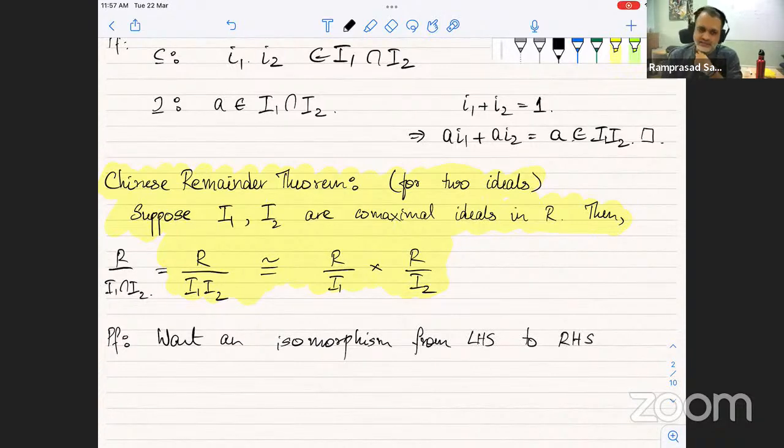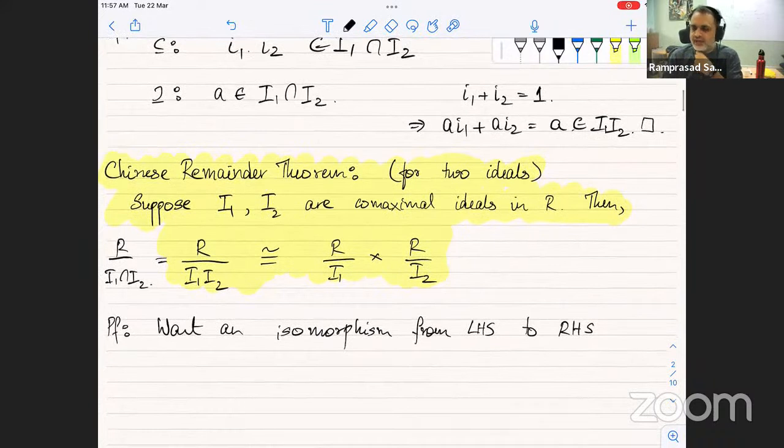I don't know how many of you have seen problem set 2, but whenever you encounter situations of this sort, where you're trying to construct an isomorphism that looks like R quotient something being isomorphic to something else, the thing to use is what is called the first isomorphism theorem. So in problem set 2, you would have seen the following.